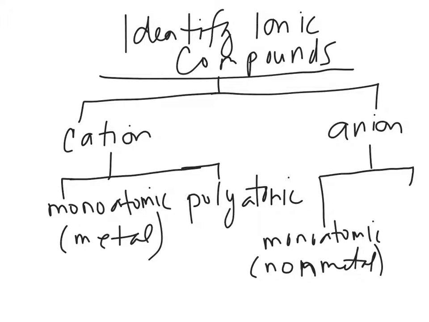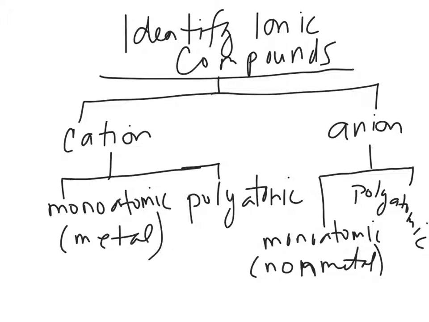And then like cations, your anion might also be polyatomic. Sorry, I have an iPad mini. It's a very tiny screen. So you can learn to recognize these anions that are made out of multiple atoms. This is sort of the flow chart for how you identify whether or not a compound has ionic bonds.